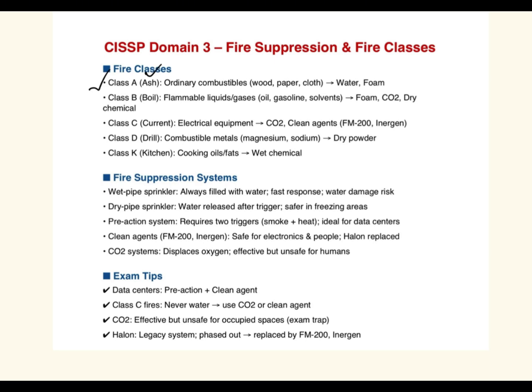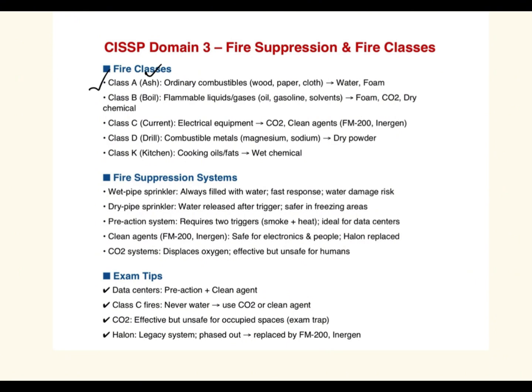Class B is boil, so flammable liquids, oil, gasoline. These mnemonics have nothing to do with the classes themselves, but I use them just for exam purposes so we can remember them for the CISSP exam. Class B, all liquids which could boil.